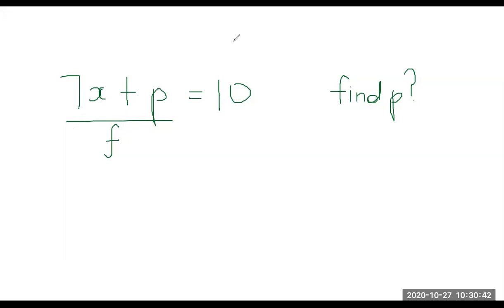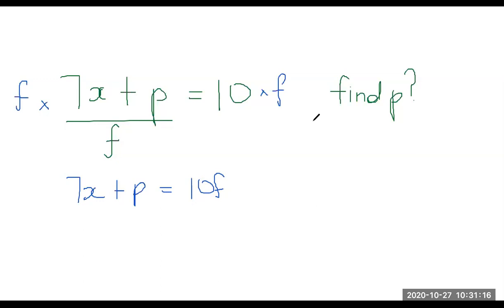So since this is dividing by F, in order to get rid of it, I need to multiply by F. Whatever you do on one side, you do to the other side. 7x plus P is equal to 10F. Whenever you have something in the denominator of a fraction, get rid of it first. That's what I would do.